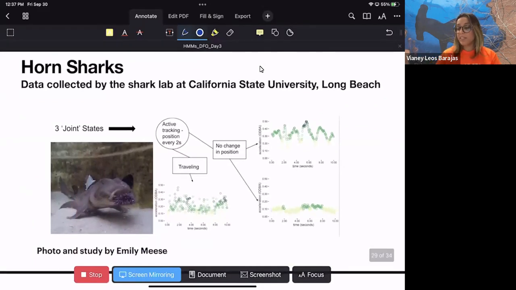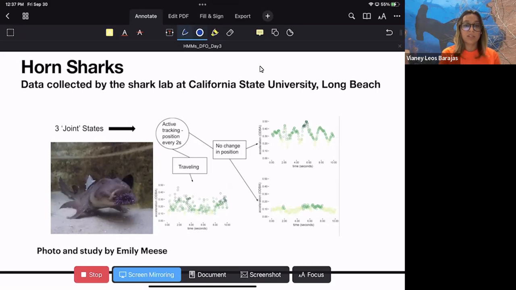So part of my motivation here, and I think this was maybe a good start, it can be improved a bit. We had a collaboration with Chris Lowe at the Shark Lab, at California State University, Long Beach. And we have data on horn sharks.